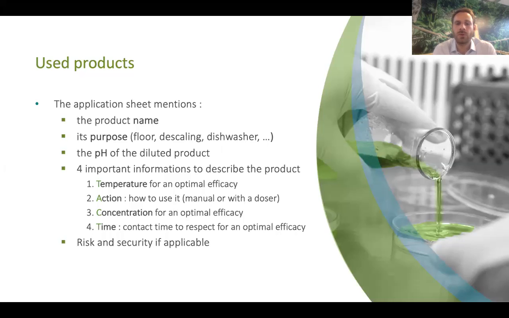With an alkaline product, when you are doing the cleaning, to reach the optimal temperature of action of the product, if it's based on caustic, the temperature should be 80 degrees Celsius. When you are cleaning a kitchen or the food industry with a foam gun, for instance, you are not able to reach that kind of temperature.